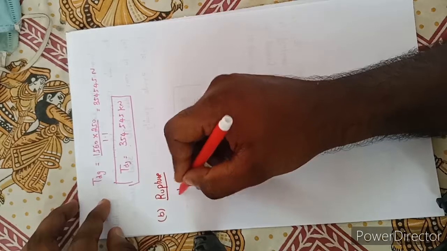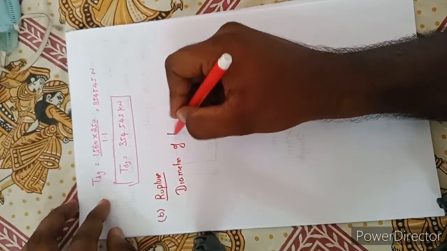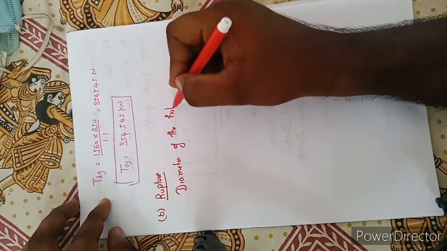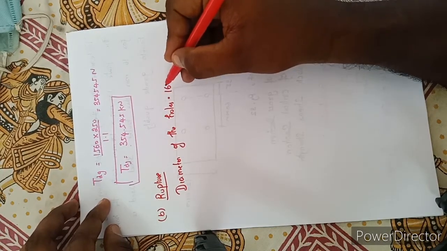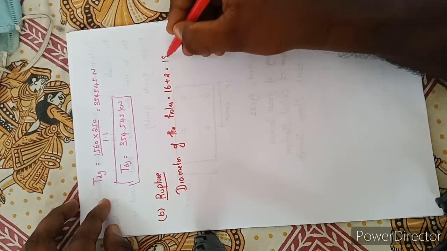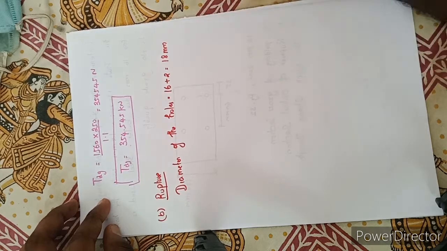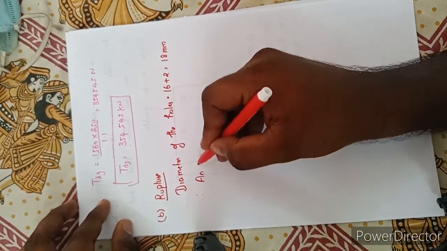Now the diameter of the holes, as we know, is the diameter of the bolts, which is 16 mm plus 2 mm, which gives me 18 mm.